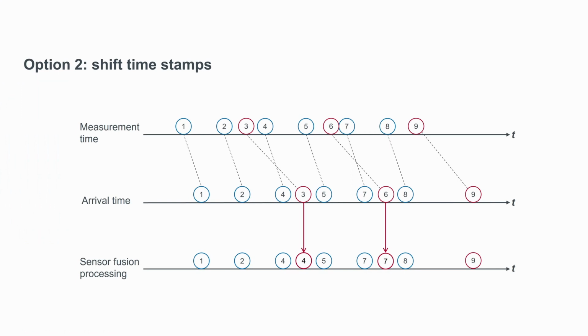Now let's try the solution that modifies the timestamps of an out-of-sequence measurement. And this can be seen here. Despite a late arrival, the measurement times of measurements 3 and 6 are now modified to avoid the OSM issue. This suppresses the issue but makes the sensor's observation inconsistent, because now we have artificial measurements.